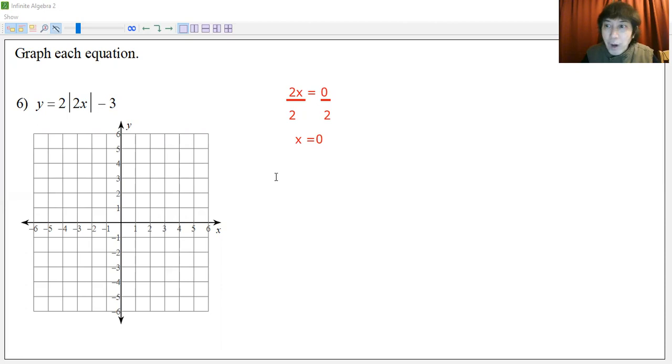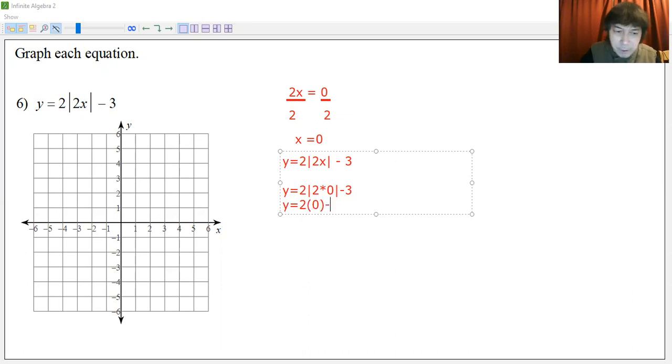Compute now for y using the equation. Our equation is y is equal to 2 times the absolute value of 2x minus 3. And so y is equal to 2 times the absolute value of 2 times 0 minus 3.